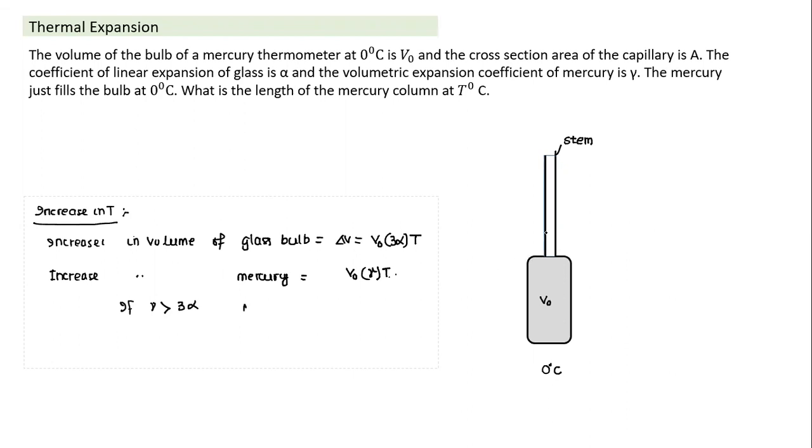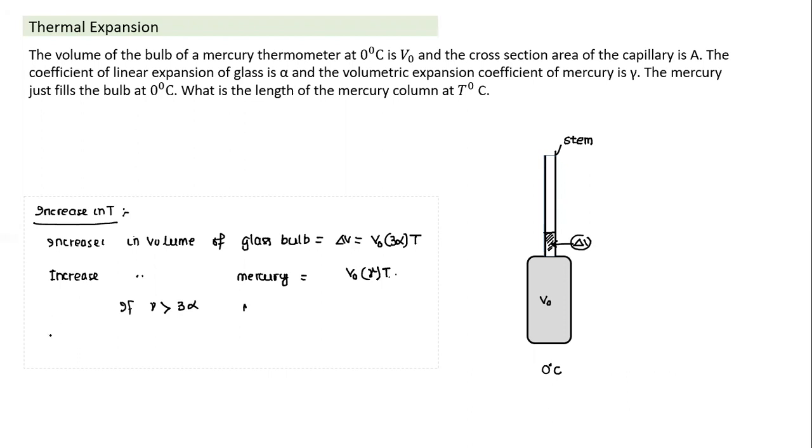So if it expands, the extra volume of mercury will go into this capillary column. What is the volume this capillary will contain? This capillary will contain volume equal to the difference in expansion of mercury minus bulb, and for which we also use a term called coefficient of apparent volume expansion.